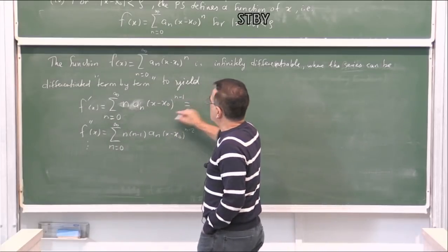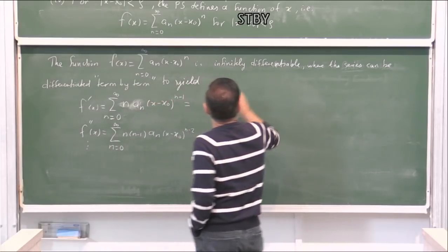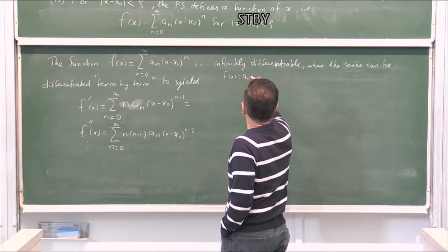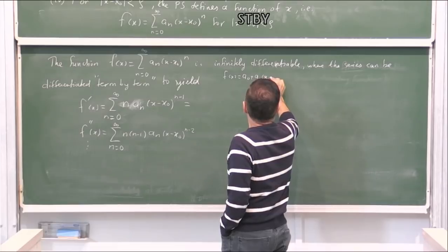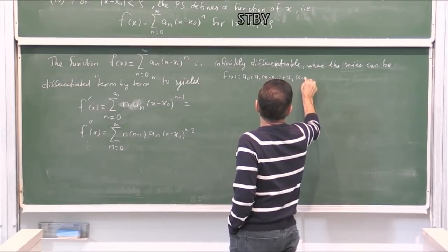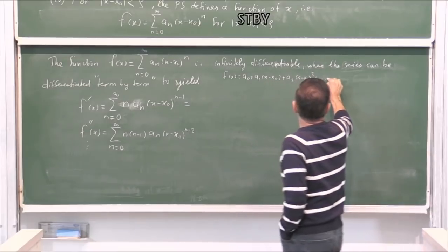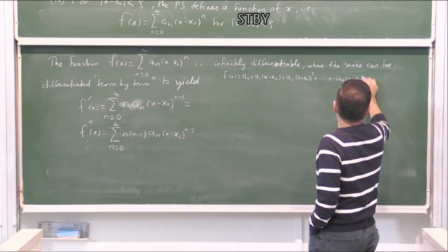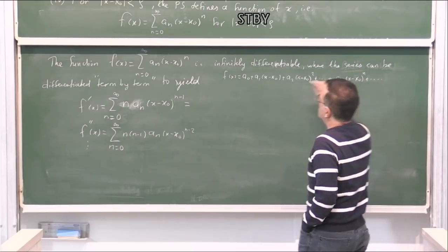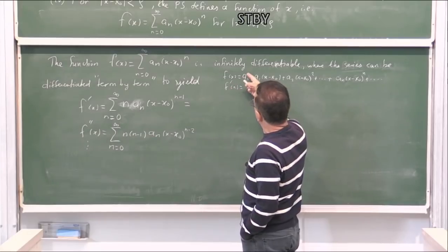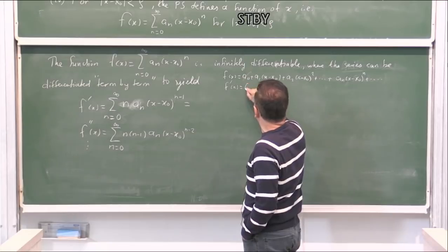Of course, when you write f of x explicitly, it is a0, a1 (x minus x0), a2 (x minus x0) squared, and so on, a_n (x minus x0) to the n, and so on. Look, taking the derivative term by term, the first is a constant, so its derivative is 0.